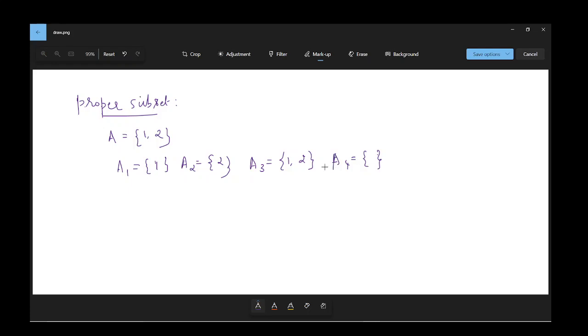So here we can note, when we generate the subsets out of the original set, one of the subsets will be equal to the set itself. So here A3 is A itself. If a subset is equal to the original set itself, this is not a proper subset.